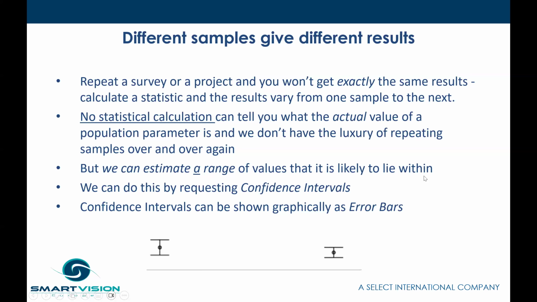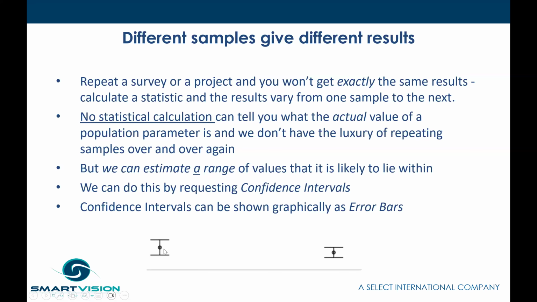So not all hope is lost. And we can do this with averages, for example, by requesting things called confidence intervals. Confidence intervals can be shown graphically as error bars. They look like little TIE fighters on the side here. Here, in the center of the confidence interval, it's showing the mean. Confidence intervals don't always show means.